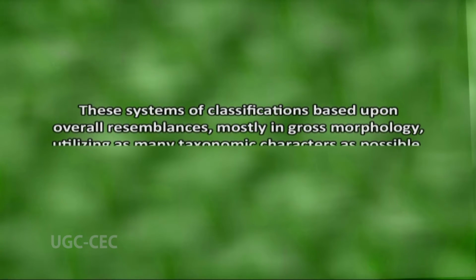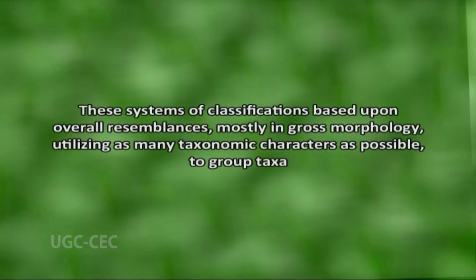These systems of classification are based upon overall resemblances, mostly in gross morphology, utilizing as many taxonomic characters as possible to group taxa.